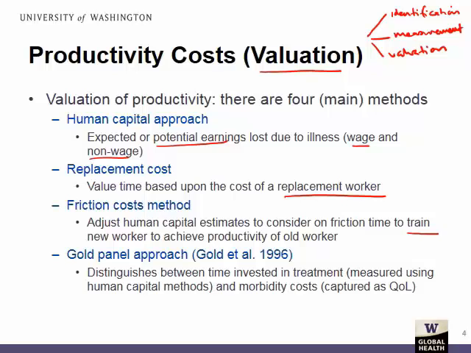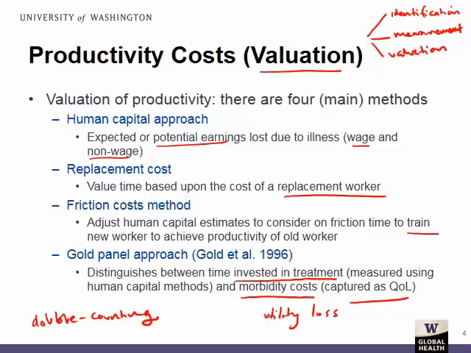And then the last one distinguishes between time invested in treatment, which is time for treatment, and illness costs or mobility costs. And for mobility costs, it recommends capturing them under quality of life or as a utility loss. And they caution against what is referred to as double counting.